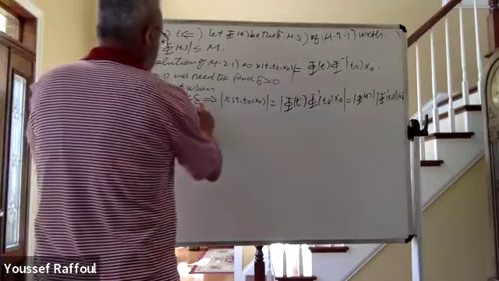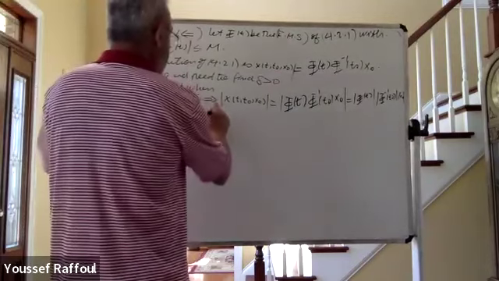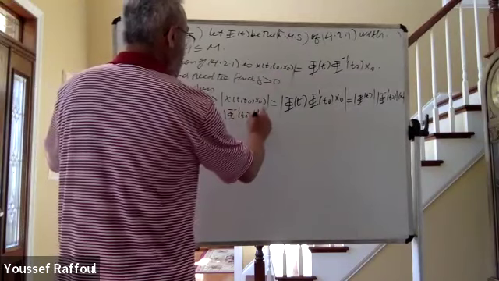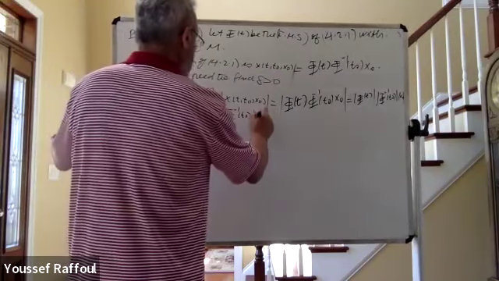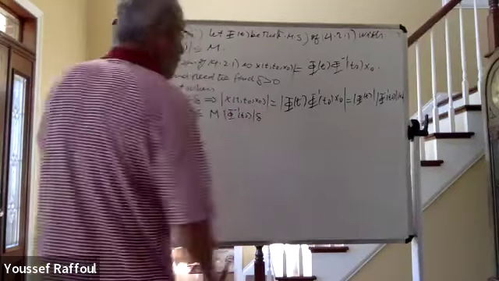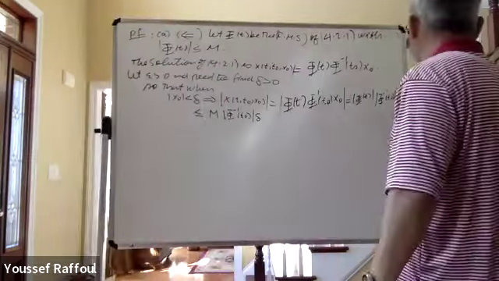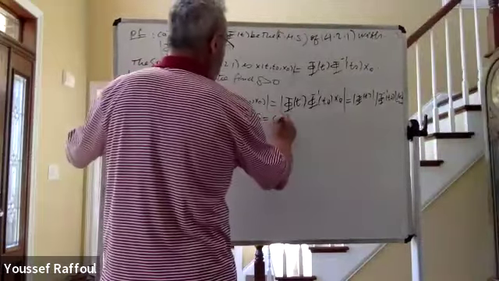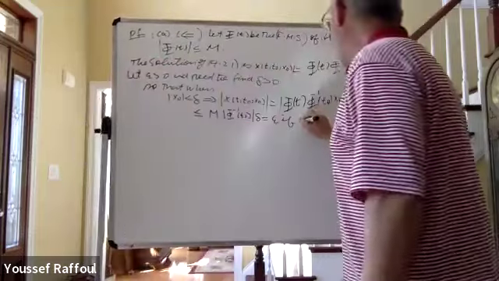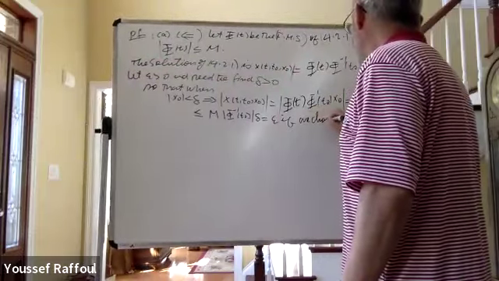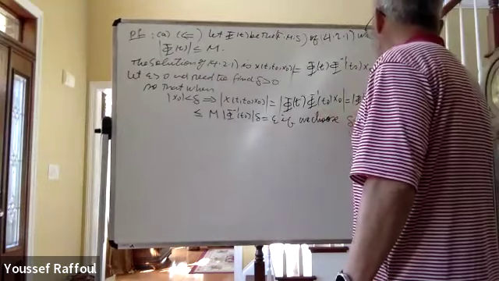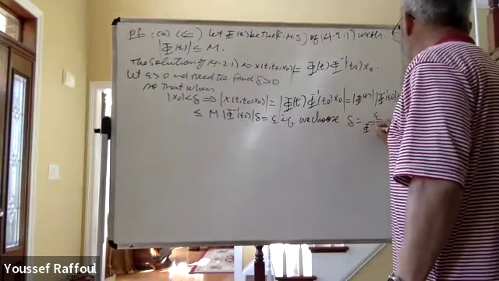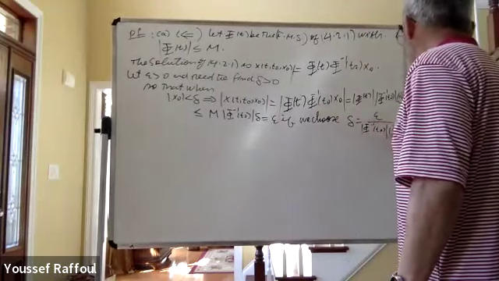is less or equal to m times the norm of phi inverse of t naught times delta, because x naught is less than delta. And this is equal to epsilon if we choose delta equal to epsilon over the norm of phi inverse of t naught times m.